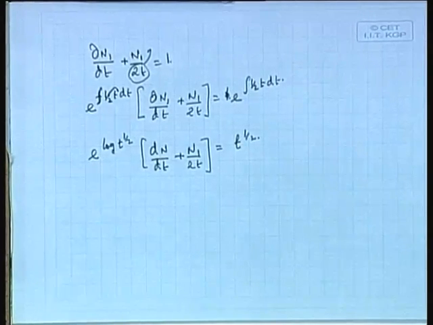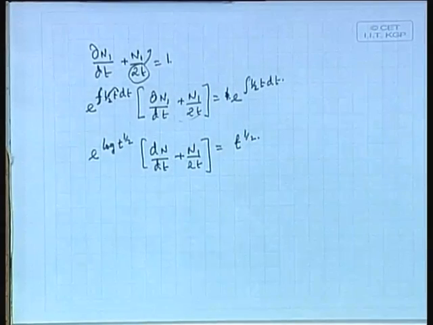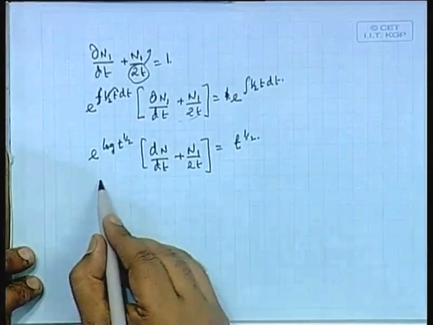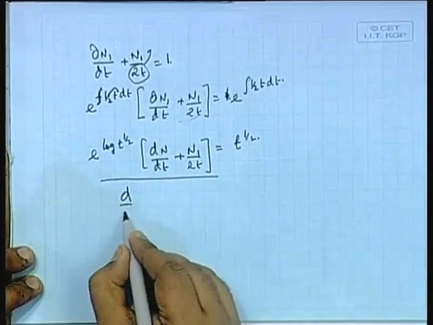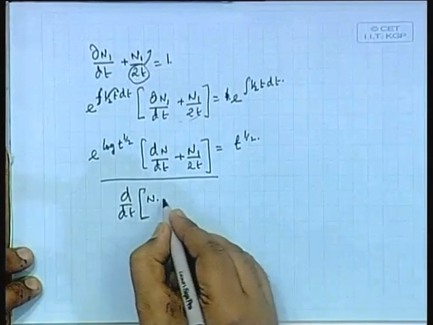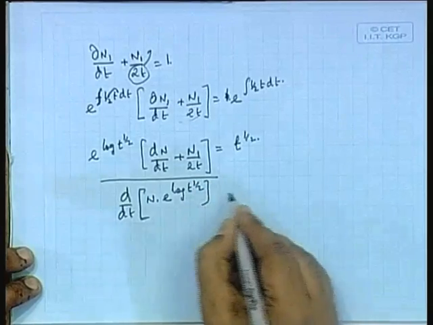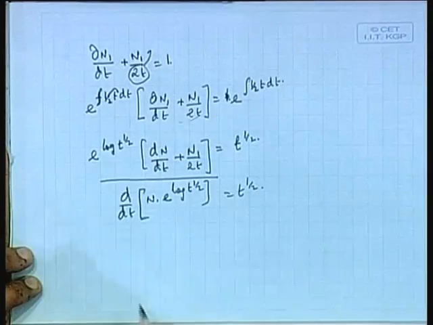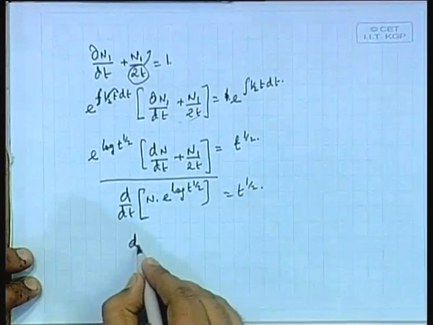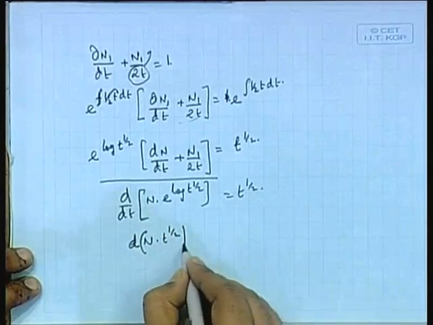Otherwise, because I have to take this part as the integral, if you remember. Okay, and what is this part? d dt of n into t to the power half.